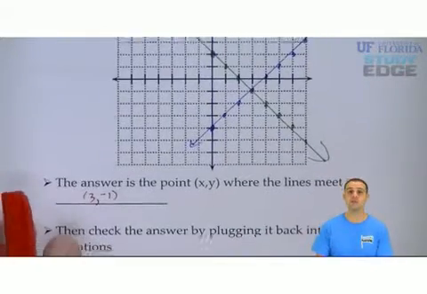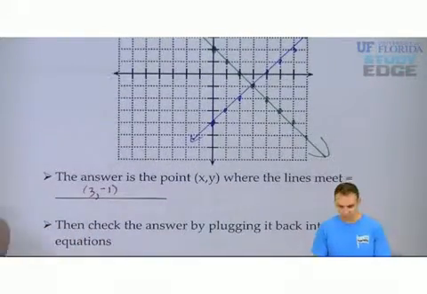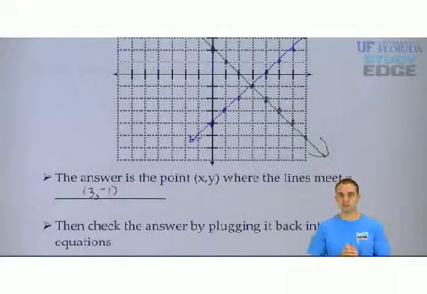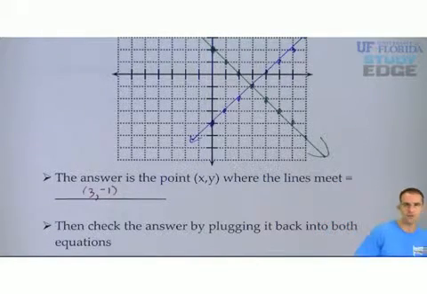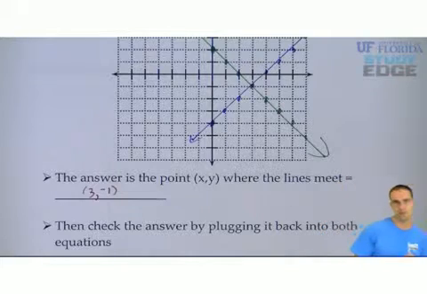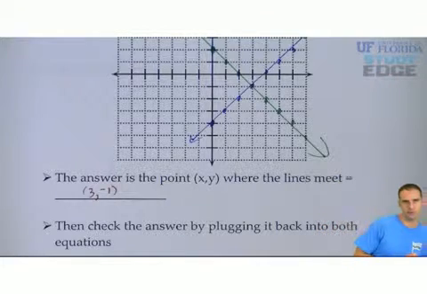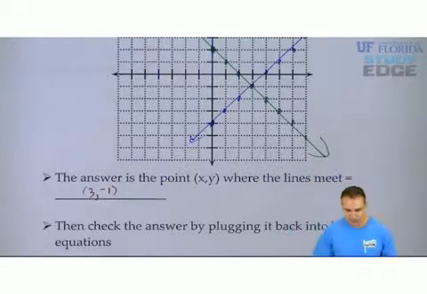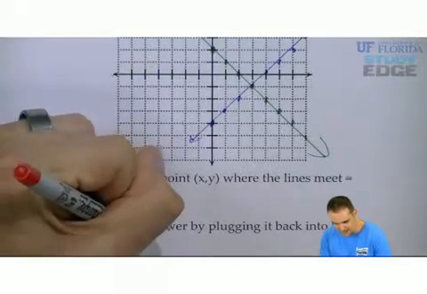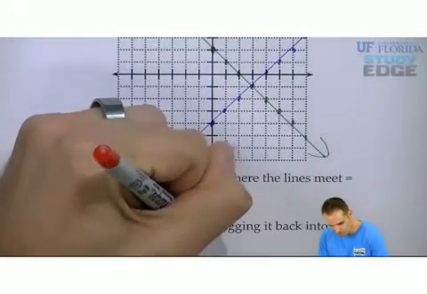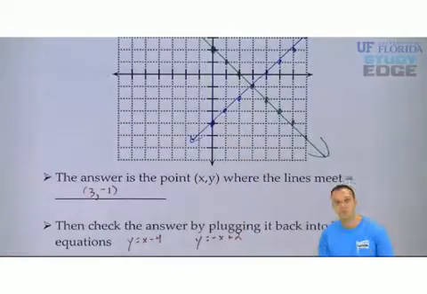Then if you want to, you should check the answer and plug it back into both equations. You plug back into both equations, not just one, both. The original equations were y equals x minus 4 and y equals negative x plus 2.